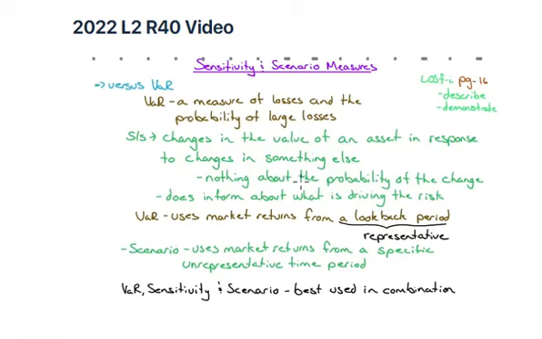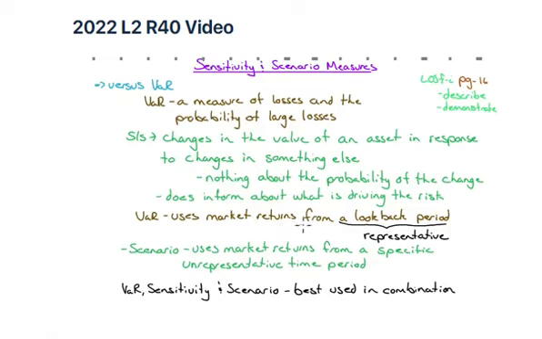It says nothing about the probability of the change or the probability of the loss. It does inform, however, which VaR does not, what is driving the risk. So with VaR, we might have a 5% loss of at least 2.2 million on any given day. But we don't know what would drive that to happen. We don't know what event would cause that to happen.